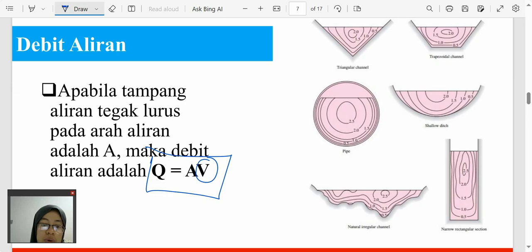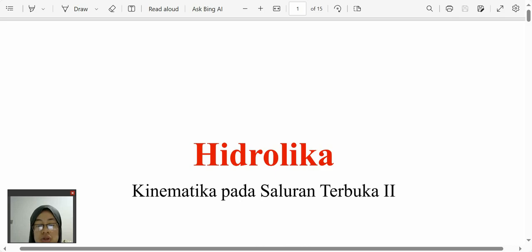And in today's lecture we will talk more specifically about the roughness that impacts the velocity. We will input the roughness parameter into the calculation to get the velocity, and then from that velocity we can calculate the discharge. That's what we will talk about in this lecture today.